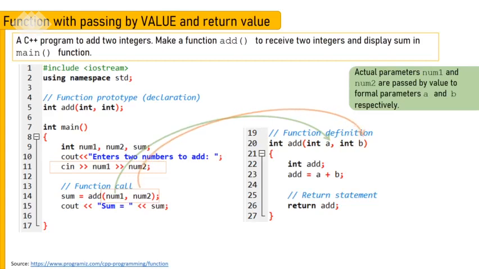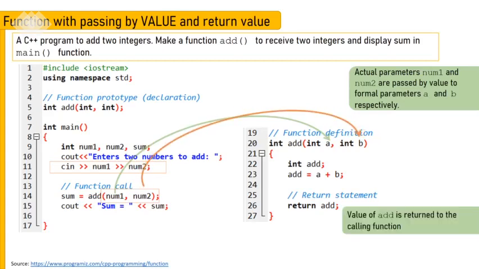The value of add we need to return to the main function because we want to display the result of the sum in the main function. So that's why in line 26, we write a return statement, return add, which means the value of add is returned to the calling function.